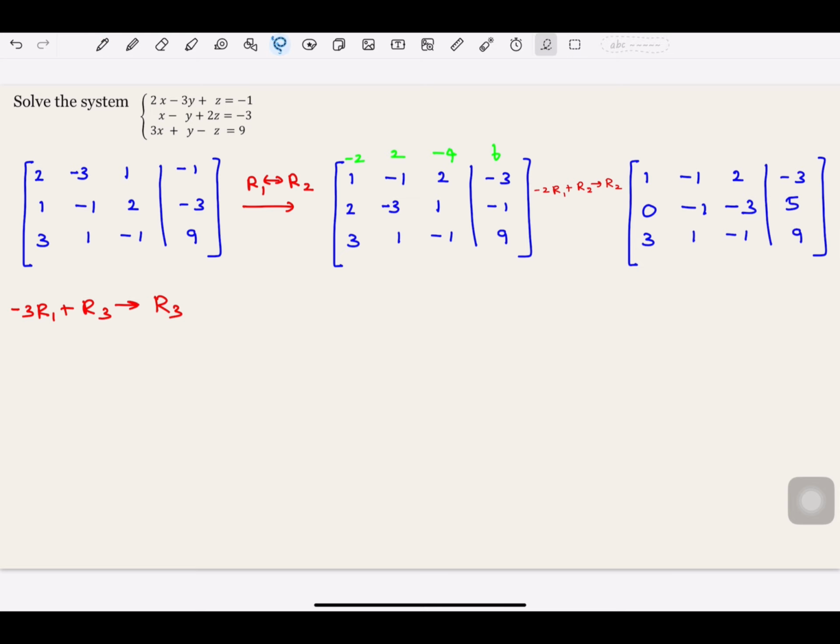Okay, so let's multiply the numbers by negative 3. So this is going to be negative 3, positive 3, a negative 6, a 9, because if you multiply negative 3 by negative 3, it's a positive 9. So you have to add these numbers together, and you have to replace those by new numbers.